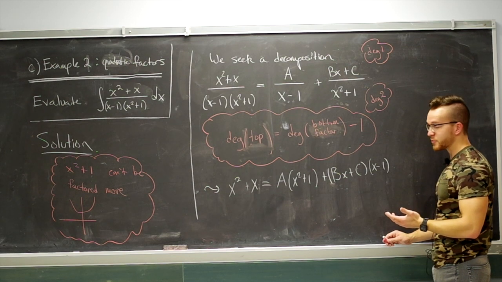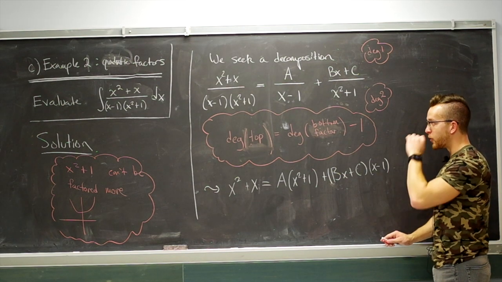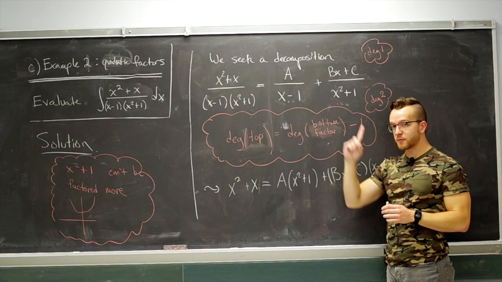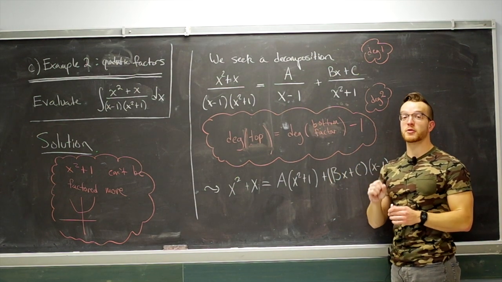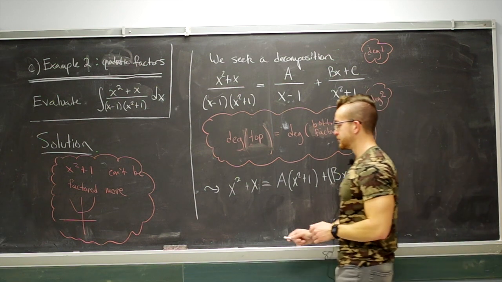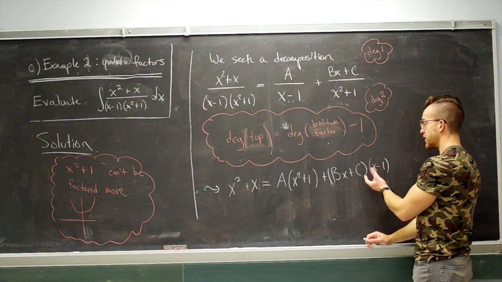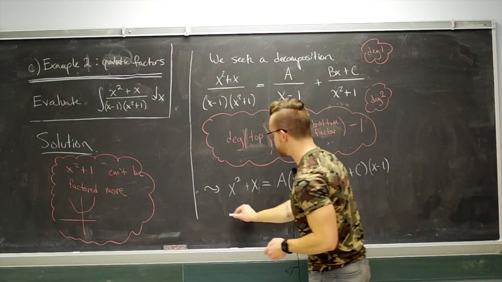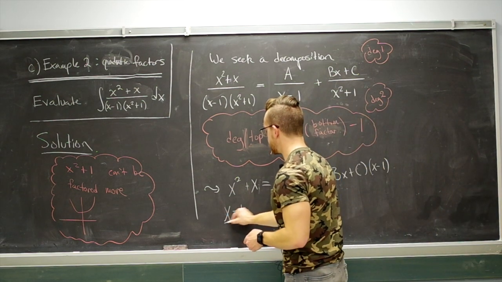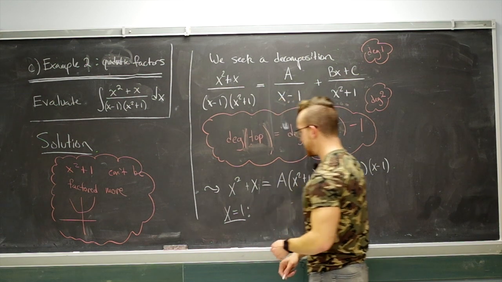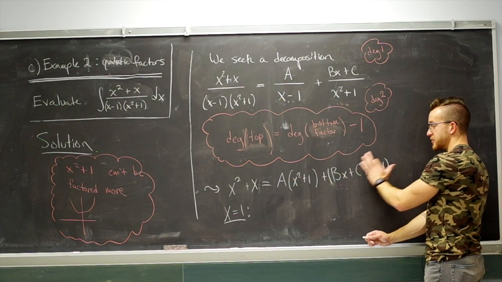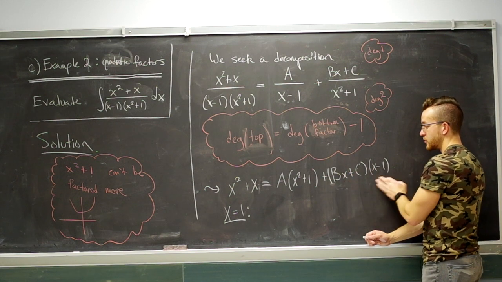Same situation as before. Same principle holds also in that if you have any linear factors, the first thing you should do is plug those in. We have one linear factor, x minus 1 again, so the first thing I'll do is plug in x equals 1. When x is 1, by construction, this is 0, so this whole term goes away.